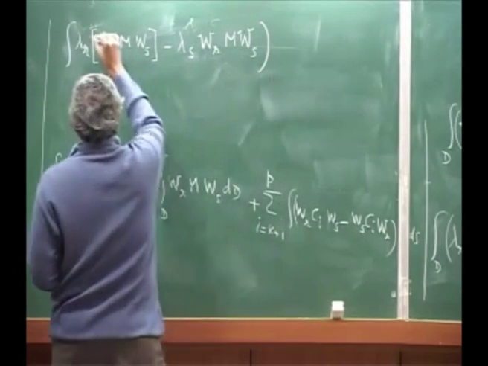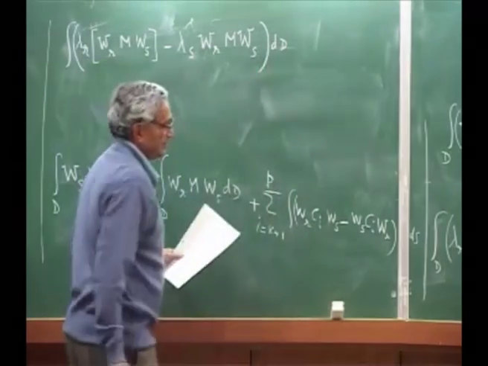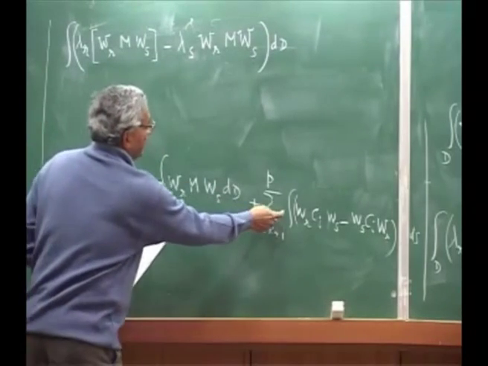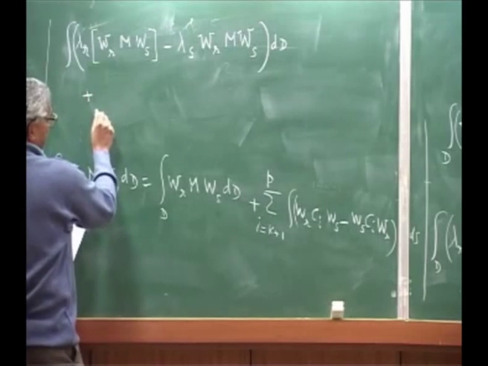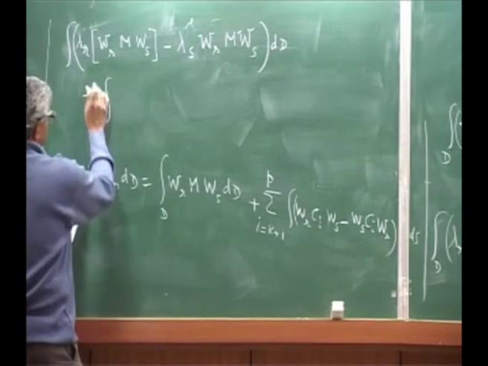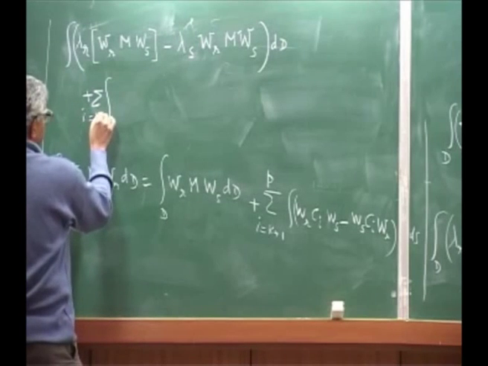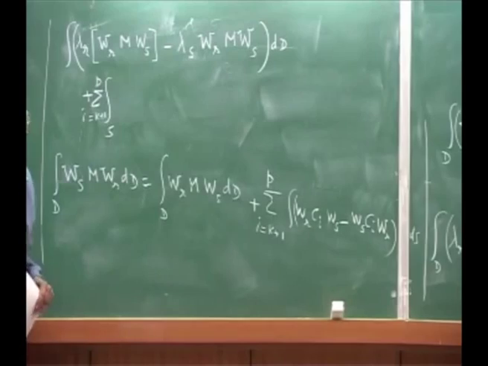This whole thing is over the domain. Then you have to add this term also. You will add plus summation i from k plus 1 to p. This is over the surface.